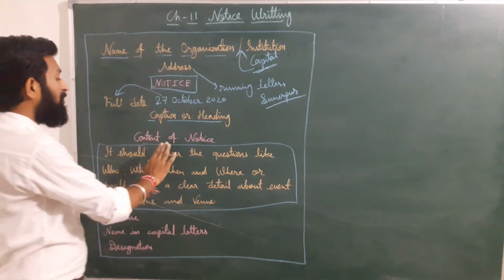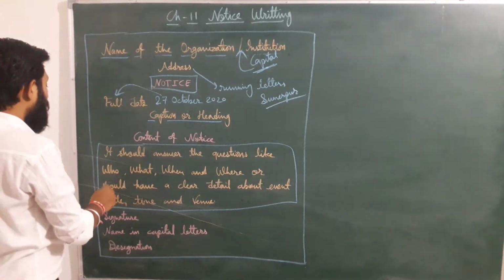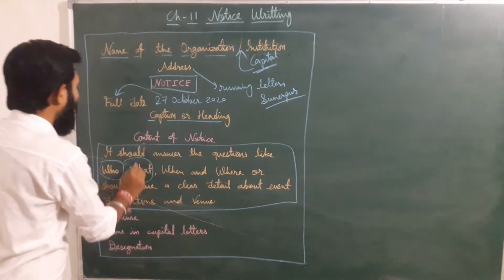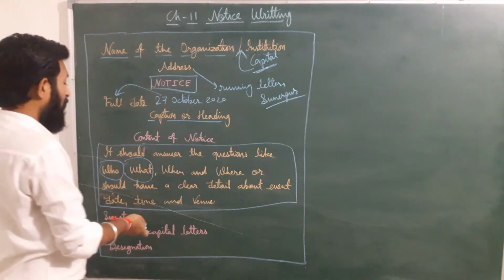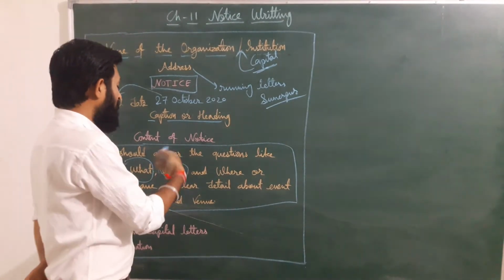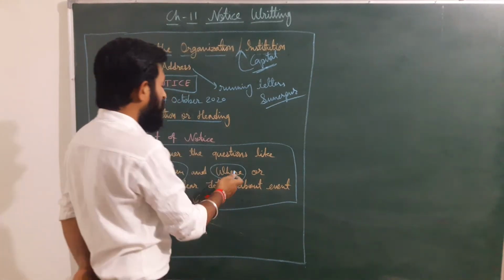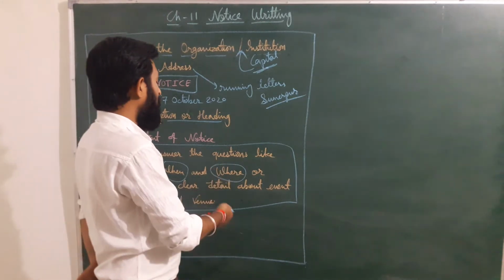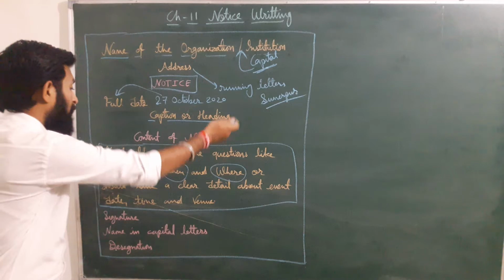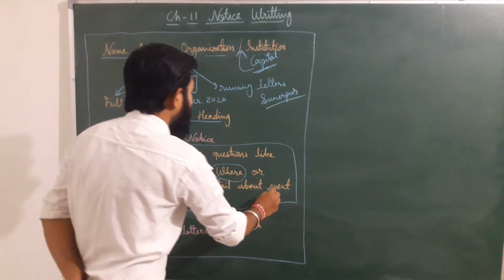Whenever you start to write the content of a notice, mind one thing: it should answer who is organizing, what will happen in that program, when that program or function will start, or when the incident happened. Where, the place, you also have to mention, where that incident happened or where that program is going to happen. It should have clear details about the event.